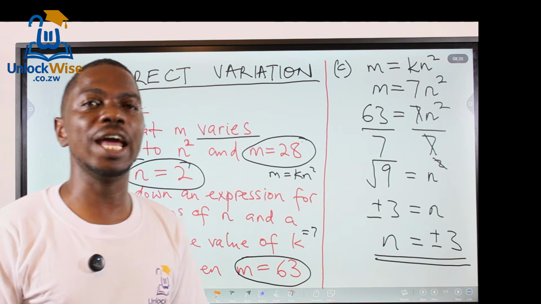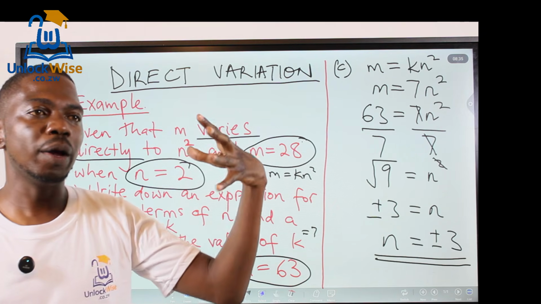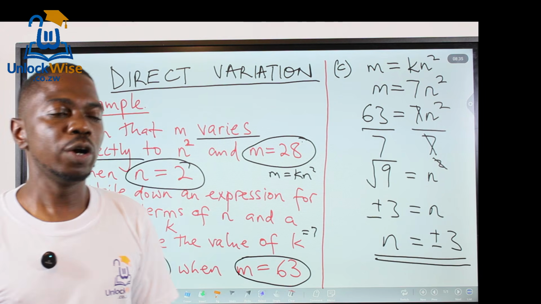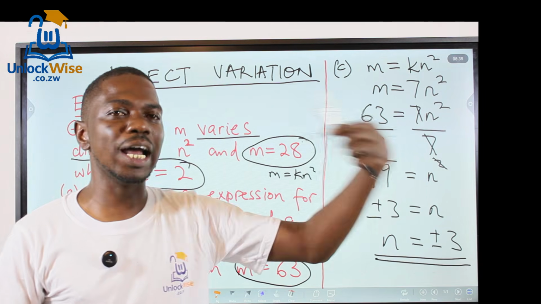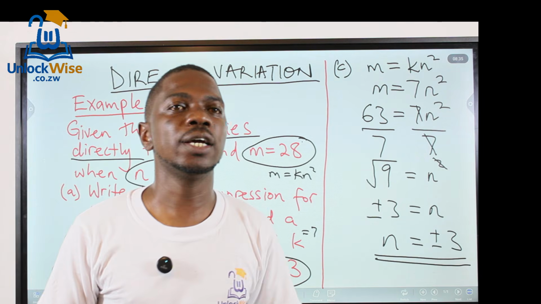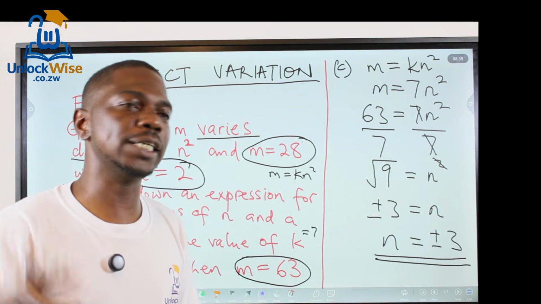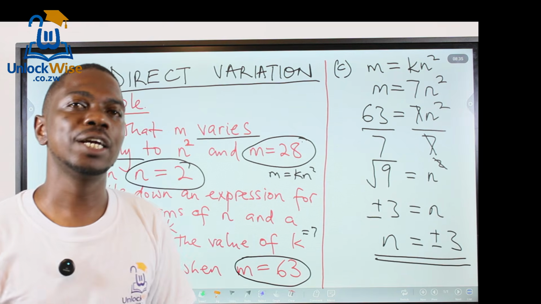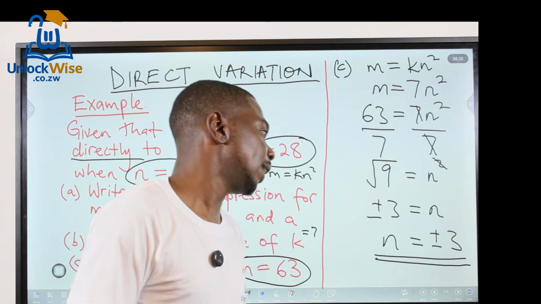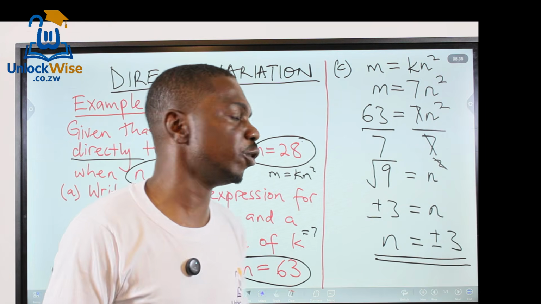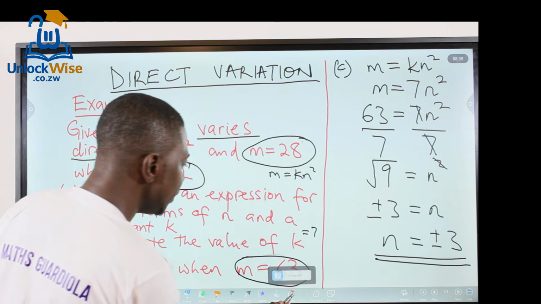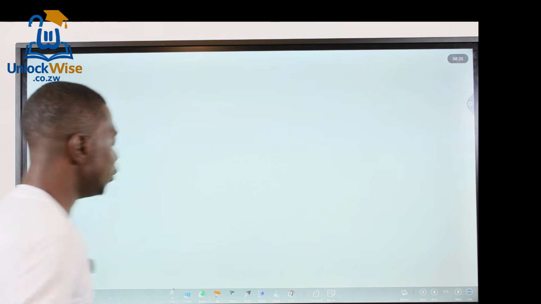Just like we can have the bread and the price of the bread being $1. If we increase the number of loaves we want, the price will also increase. If we decrease the number of loaves we want, even the price will decrease. That's direct variation. Then we move on to the next type of variation, which is inverse variation.